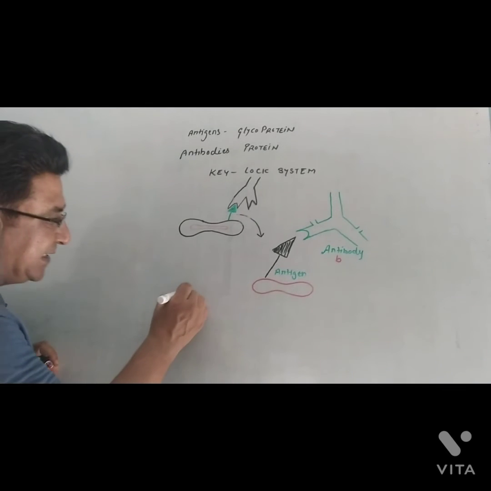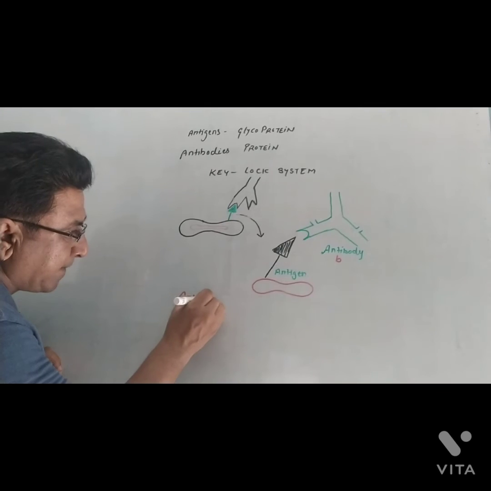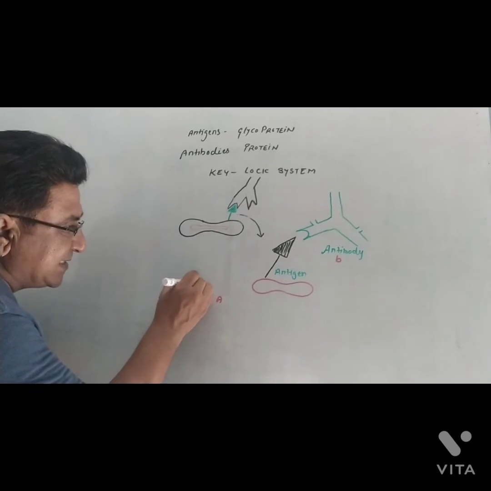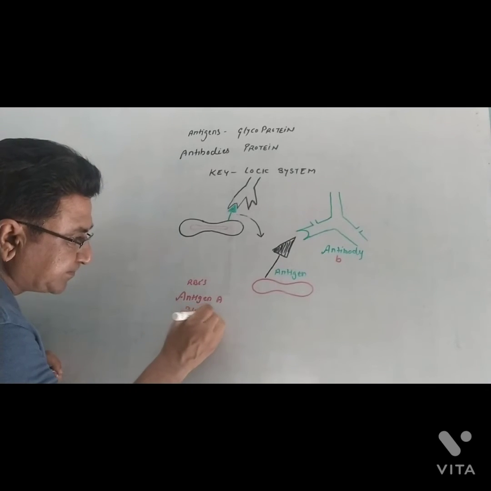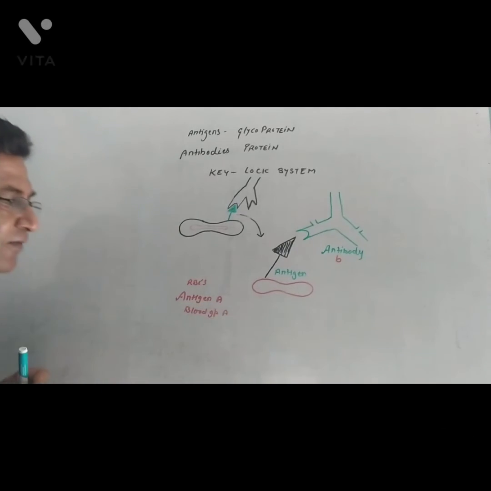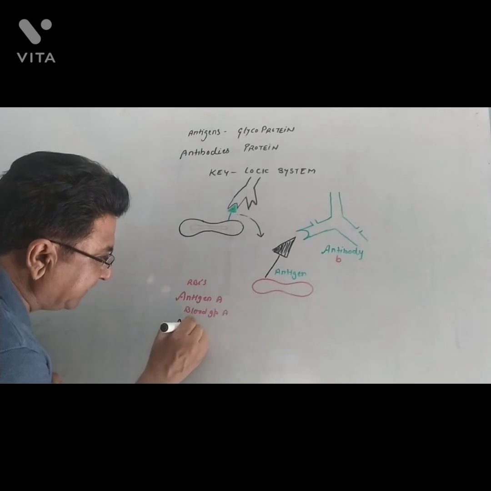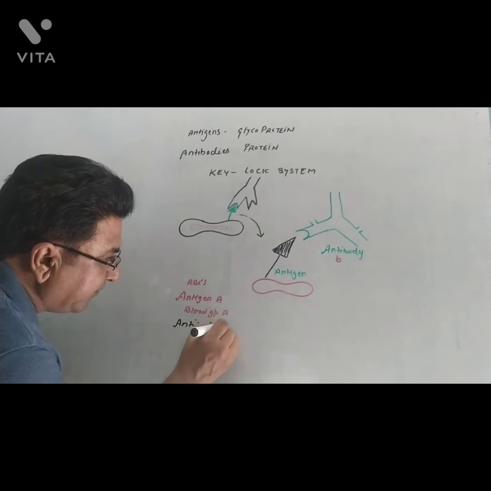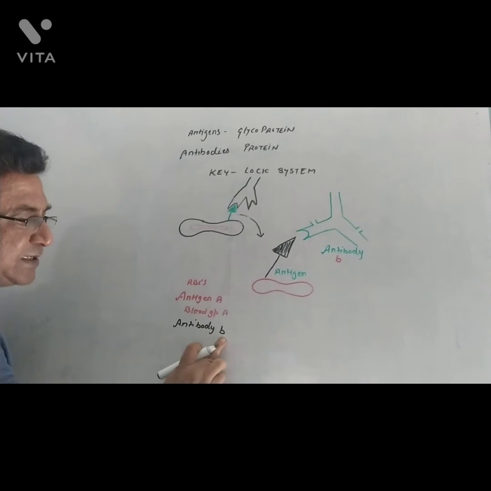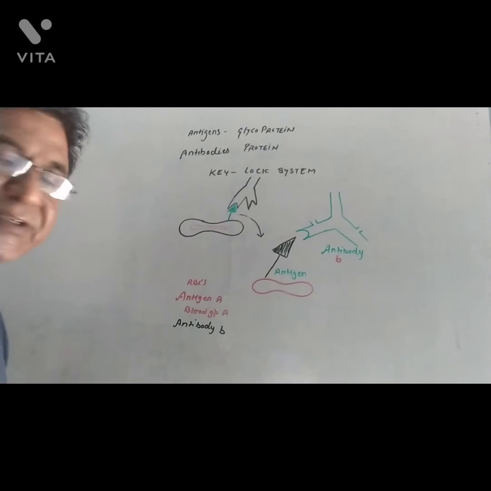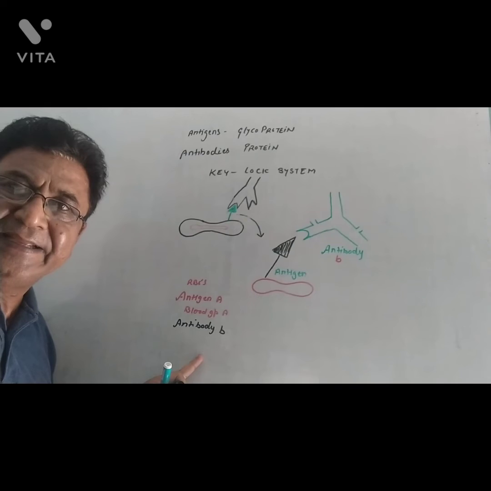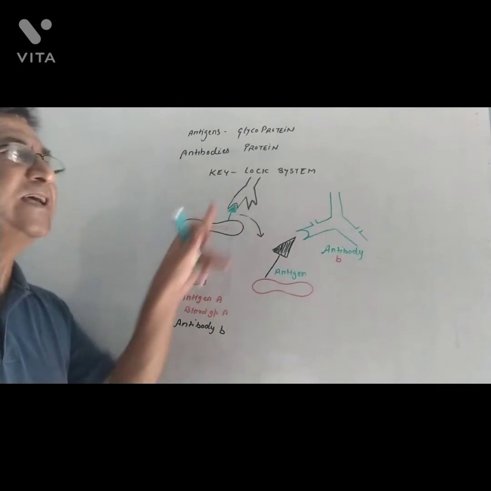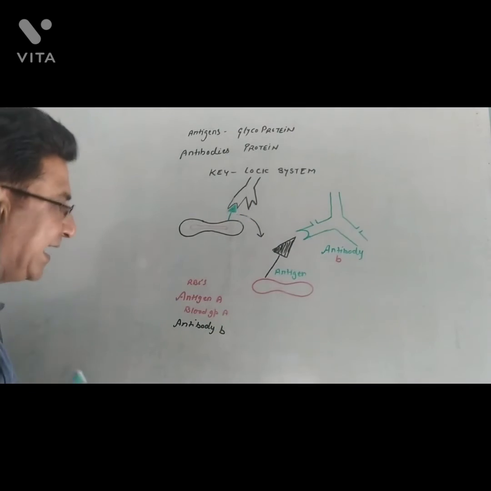So that is why, if there is antigen A on the RBCs of a blood, which makes blood group A, it will always have antibody B in it. Antibodies are written with a small letter to avoid confusion. So blood group A always contains antibody B, so that the key and lock system does not prevail.